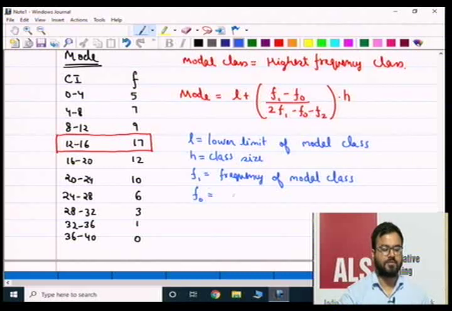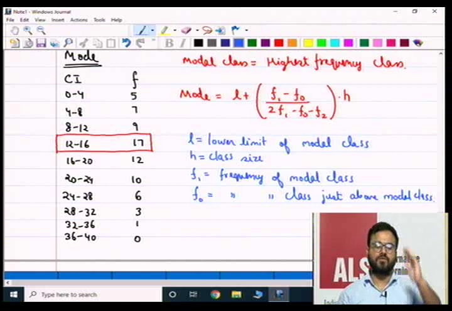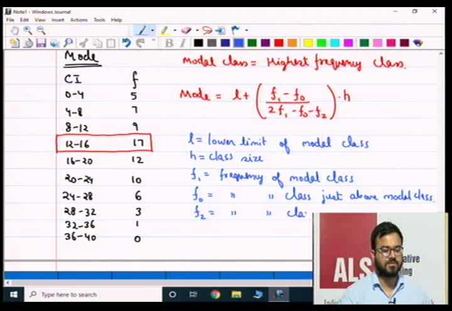F0 is the frequency of the class just above the modal class, and F2 is the frequency of the class just below the modal class.